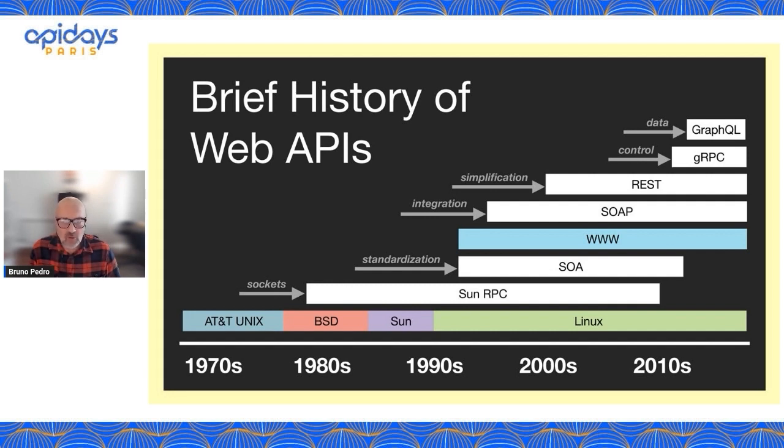And from sockets came something that Sun Microsystems, a popular company at the time, created called remote procedure calls. Remote procedure call is a more elaborate way of letting one application make a request to a function or a procedure that is available in a remote application.